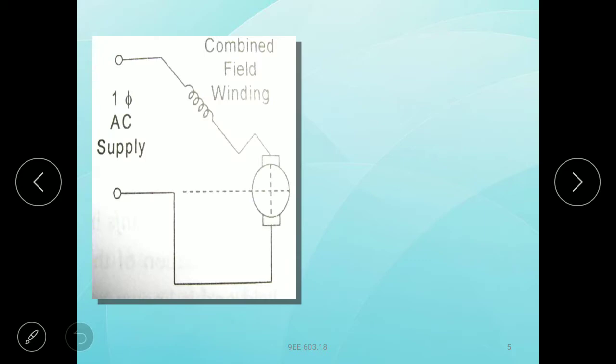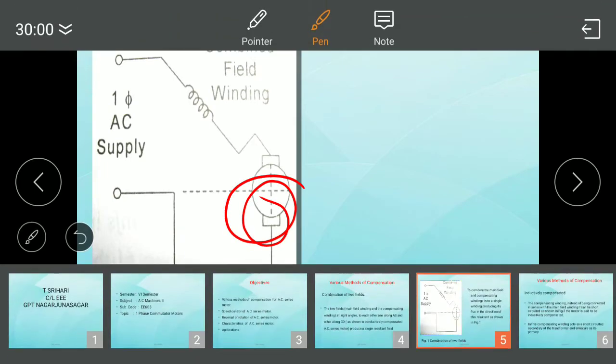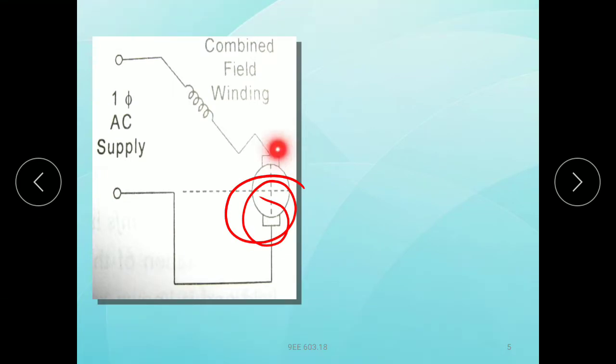Here, see the combined field. This is the armature, see the armature winding, and this is the supply, and this is the combined field winding.